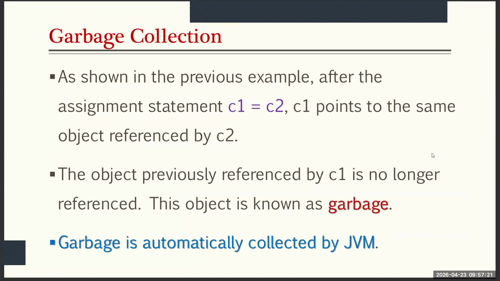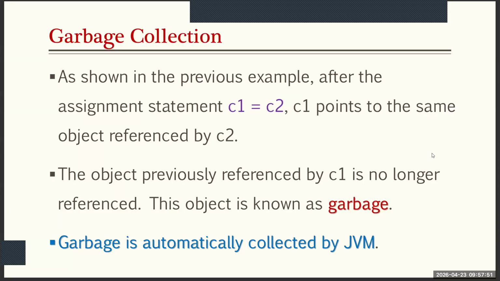So what happens to C1? What happens to the old object for C1 that has the radius 5 from the previous example? This object is now unused. It is no longer referenced by any value in memory.